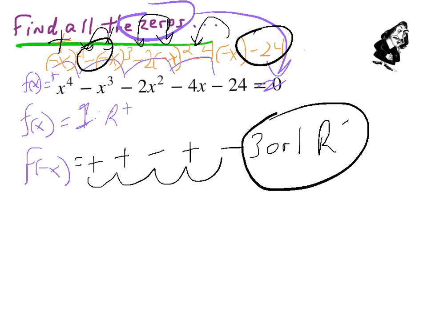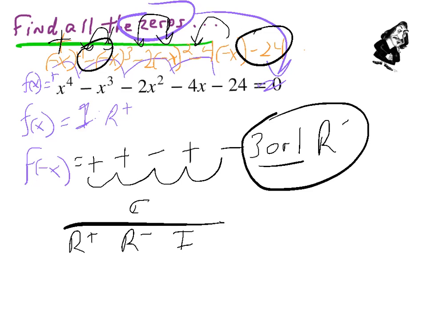Based on the counting, all you do is count. It's going to be that or 1 less. I'm sorry, 2 less. So now if we look at this complex list here, we have positive real, negative real, imaginary. Here are our choices.